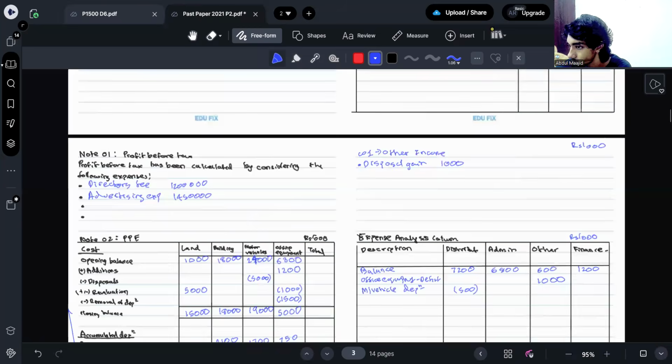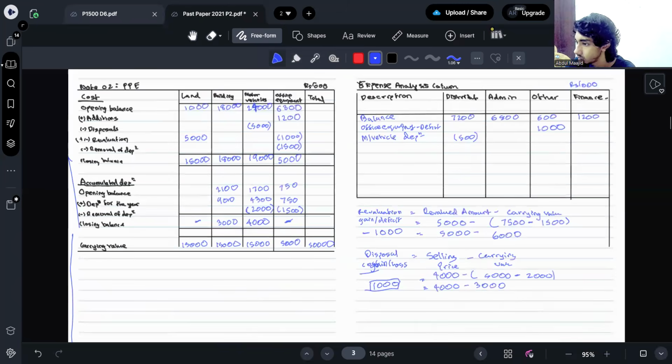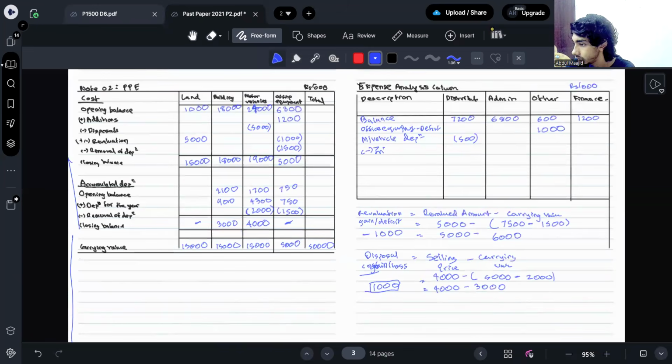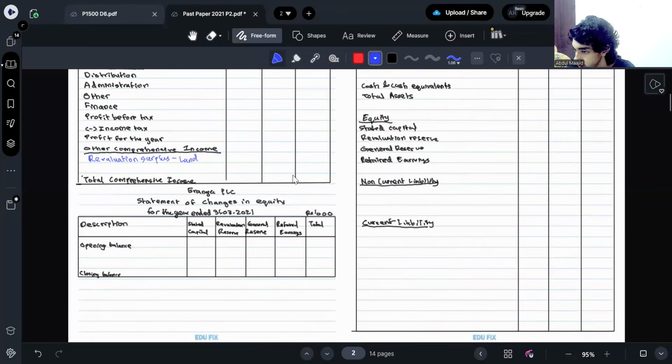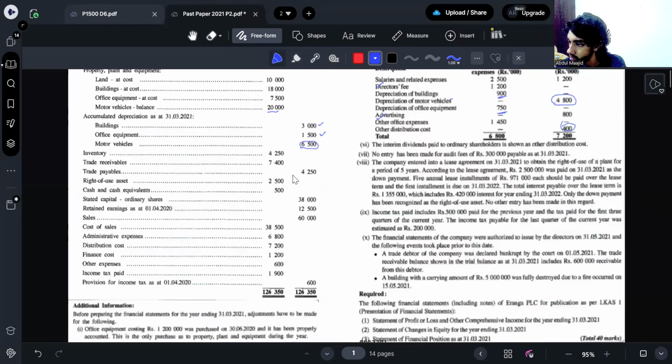Minus interim dividend, the value was 400. That other distribution cost 400, remove it and put it to the statement of changes in equity. Interim dividend under retained earnings minus 400. Okay. Then next one.